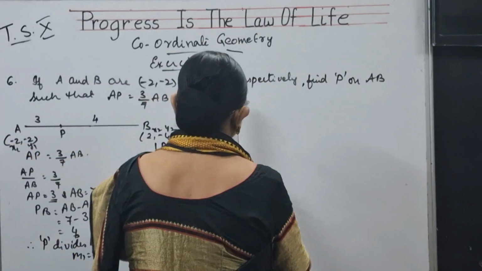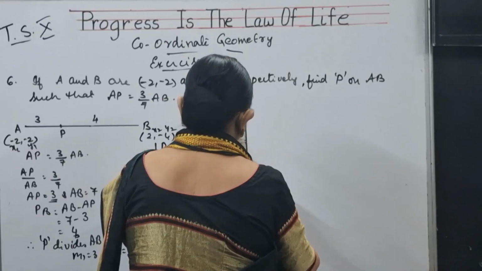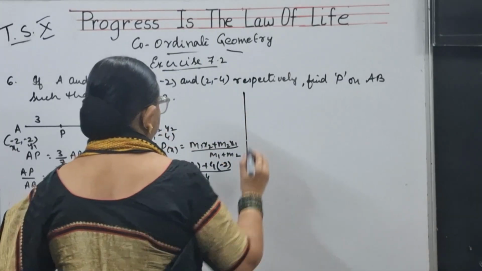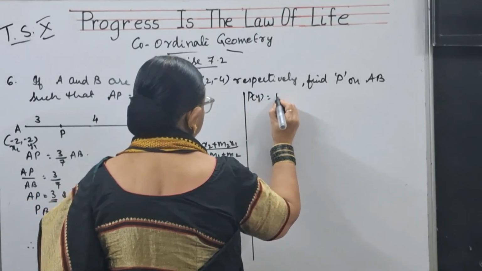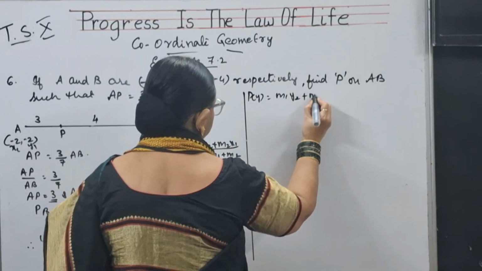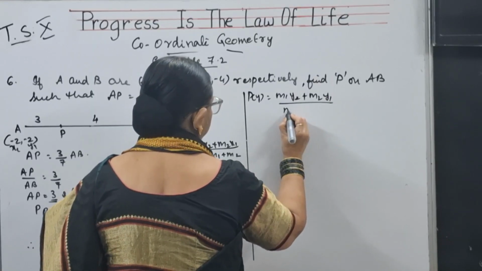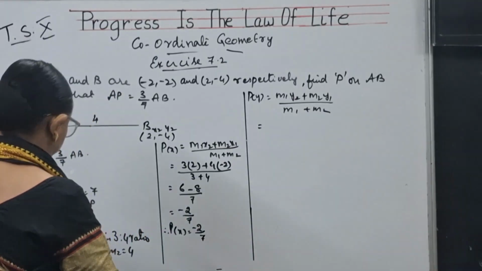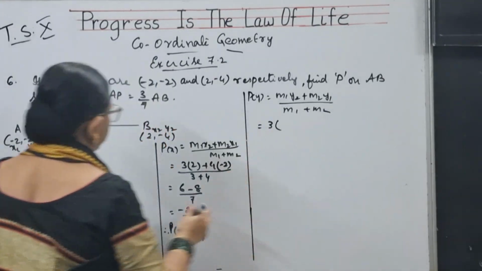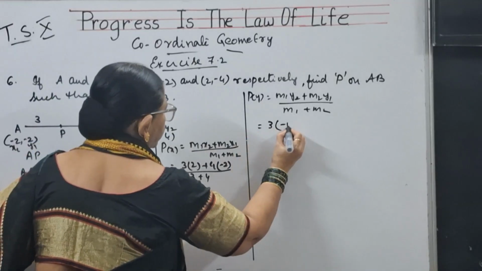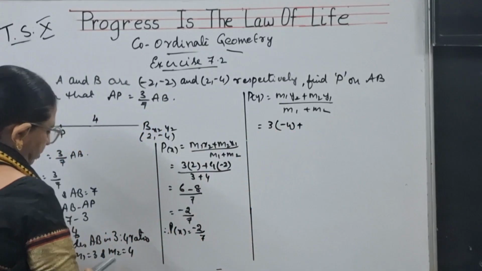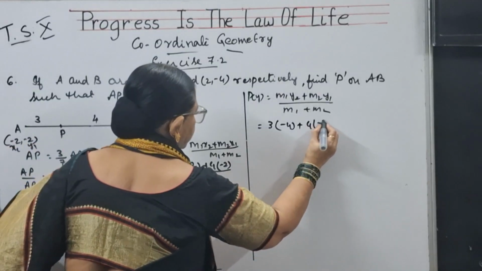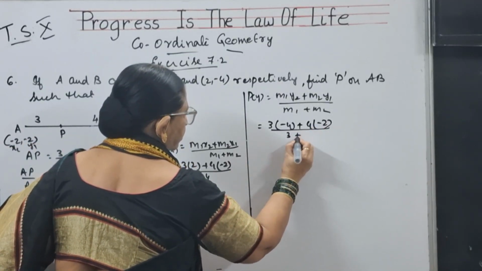Now, let us go for P of y. So, P of y is equal to m1 y2 plus m2 y1 by m1 plus m2. So, what is m1? M1 is 3 into y2. Y2 is minus 4 plus m2. What is m2? 4 into y1. What is y1? Minus 2, by 3 plus 4.